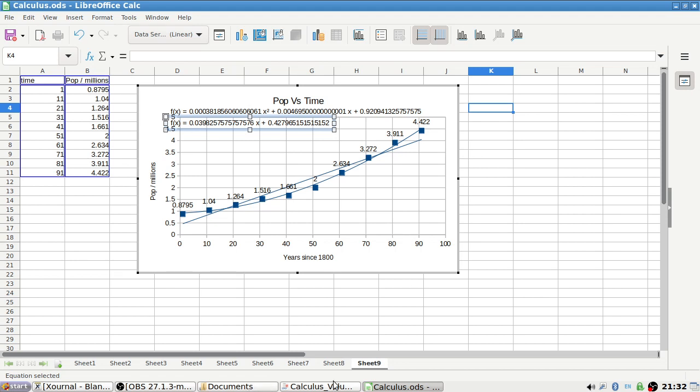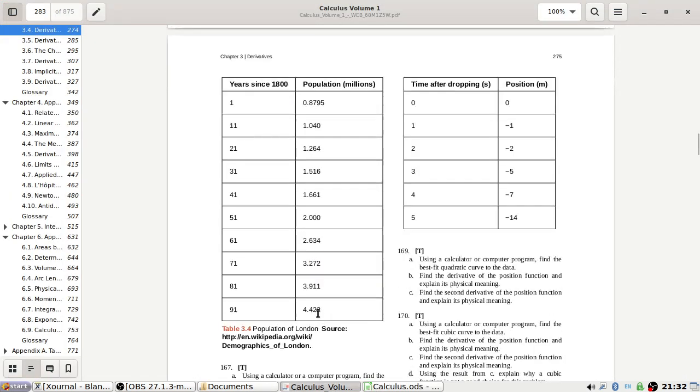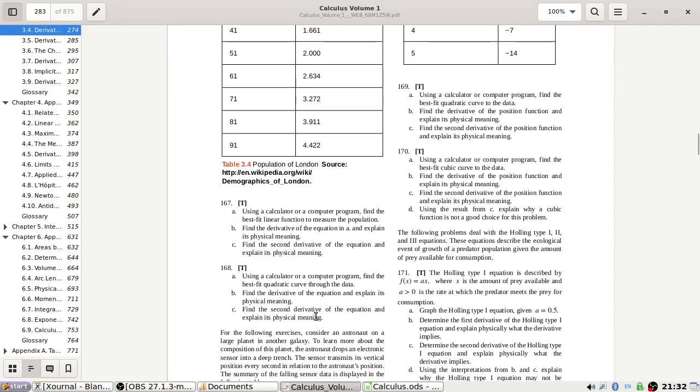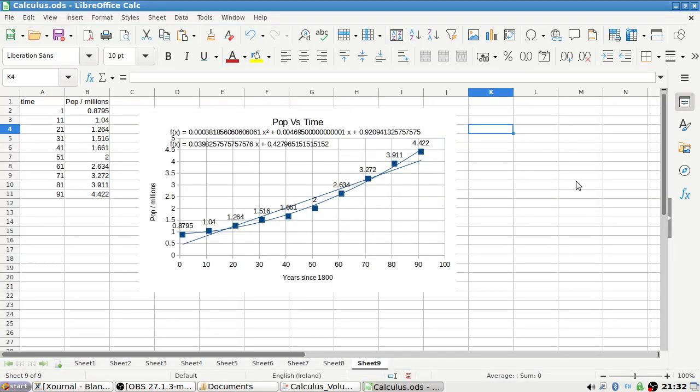So to answer the question, 167A, B, and C. Okay, 167B. The derivative is 0.0398.